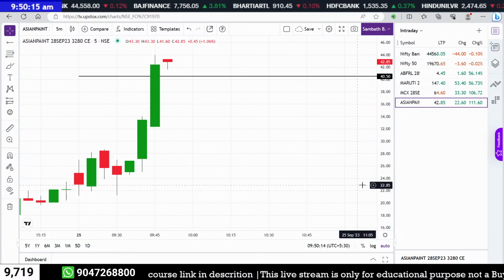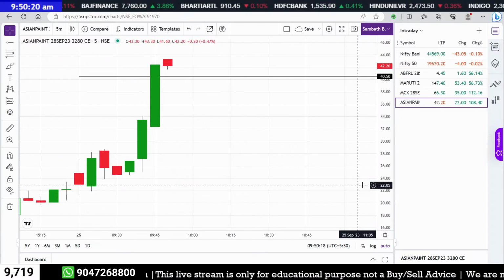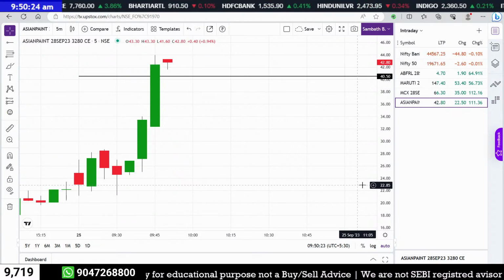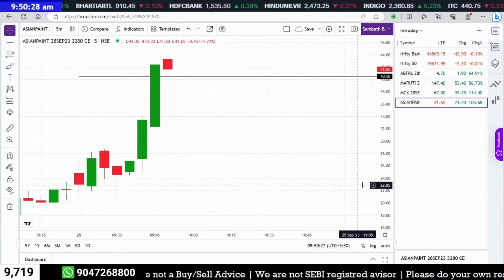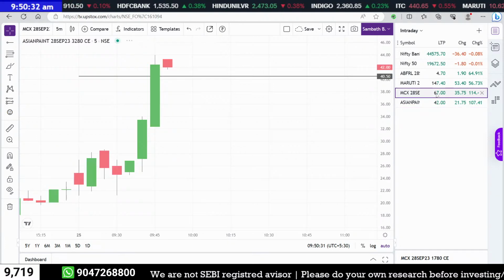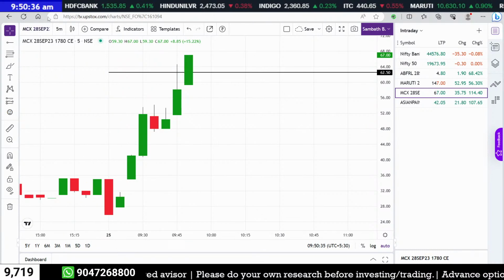So by using our scanner, how did I find some trade opportunities in real time? One I found is MCX, and another is Asian Paint. I'm not greedy to focus on every stock trading at the top. So 67 on MCX. Okay.